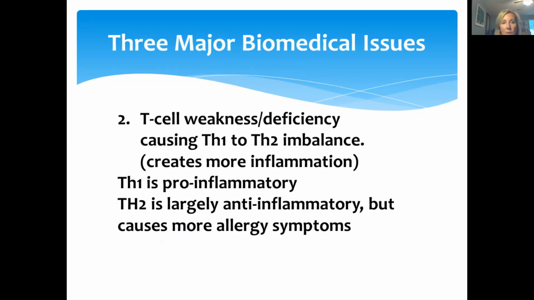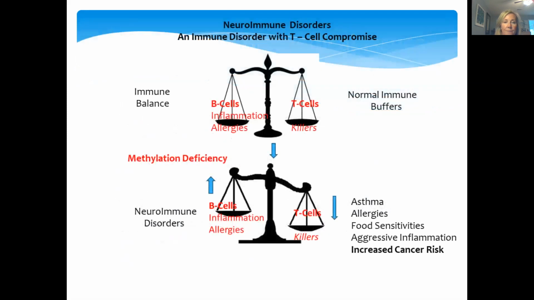And when you have a methylation problem, these get out of balance and are usually weighted to the extreme of more inflammation. It's more complicated because there's things called B and T cells, and they work together. But B cells are what we usually use to fight bacterial infections. T cells are more to fight cancer, viral infections. But they're both hugely important and they work together. And when you're off balance, you have, again, more propensity towards inflammation and allergies.